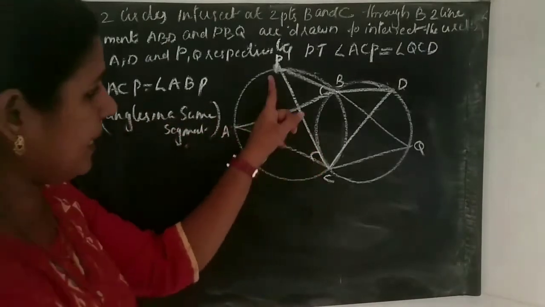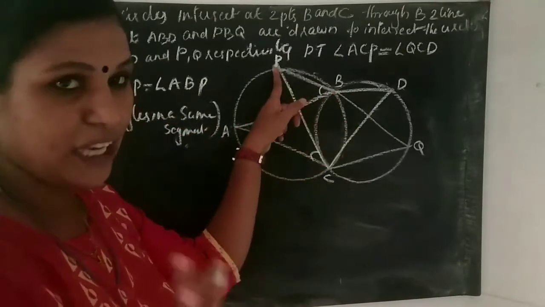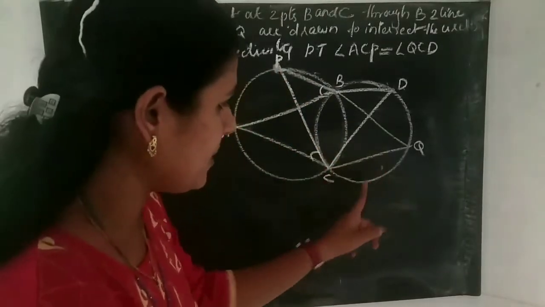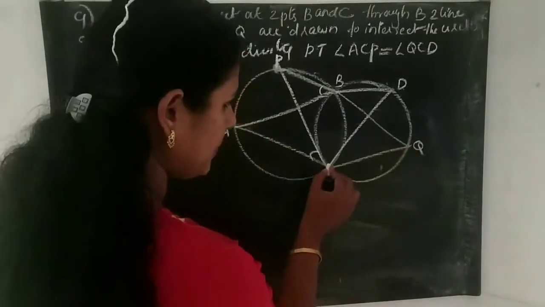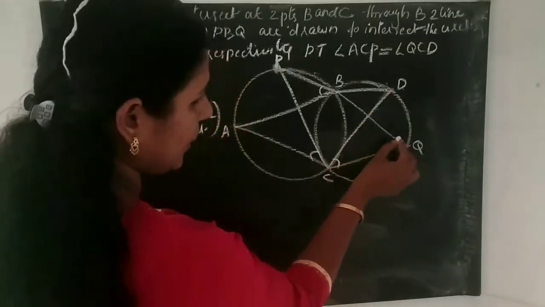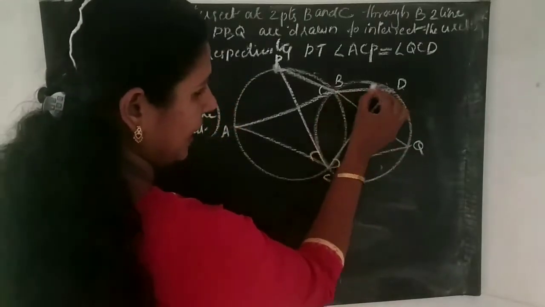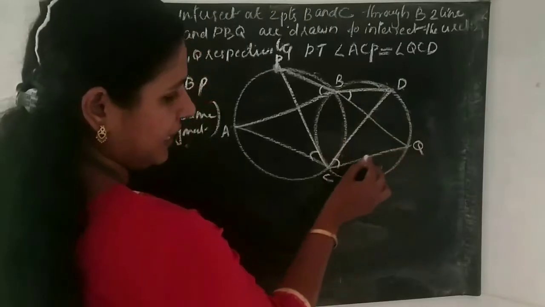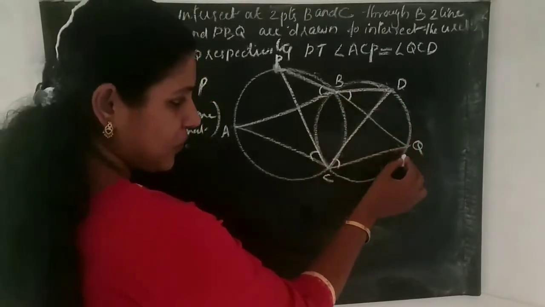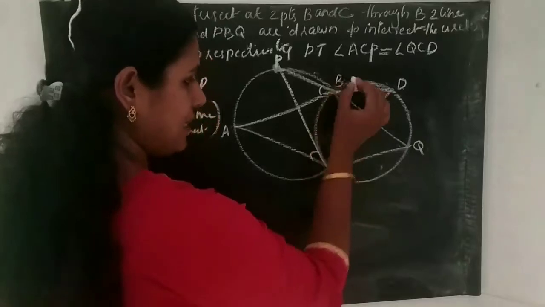Angle ACP and ABP are equal from this big circle. And considering this small circle, QCD and QBD. Only consider this QCD and QBD. This is also angles in the same segment.